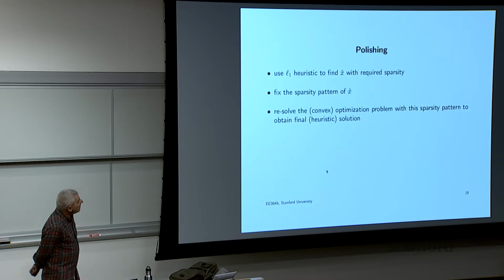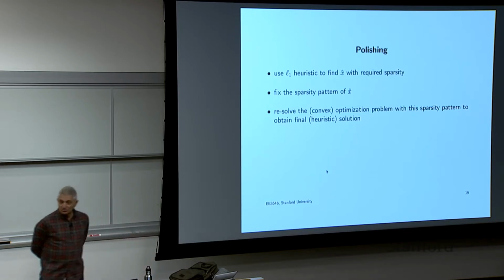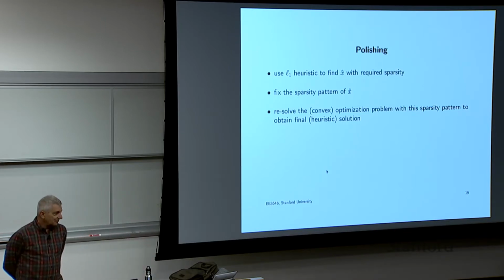Something called polishing is actually super interesting. That's this. What you do is you use an L1 heuristic to guess merely the sparsity pattern of x, if x is the thing you want sparse, right? So you run an L1 heuristic, adjust gamma until you think there's supposed to be 15 non-zeros or you feel like that's right for you.